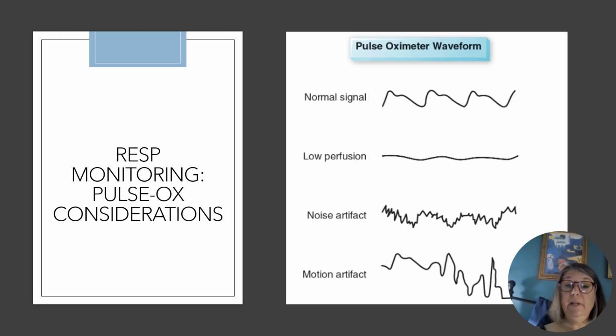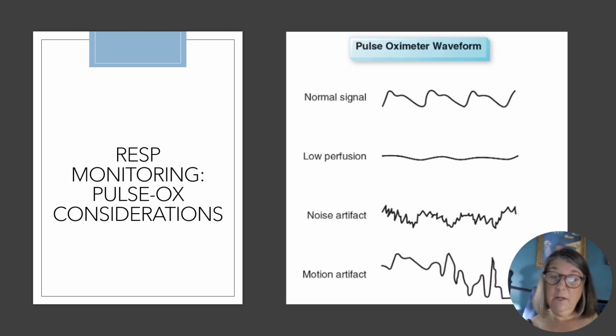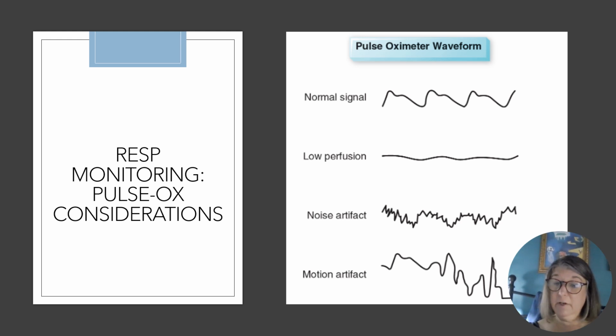So pulse ox readings may be inaccurate if there's poor perfusion in the extremity being monitored. We talked about with our autoimmune stuff, people who have Raynaud's, if they have fake fingernails and nail polish on, you may not get accurate readings because of not being able to read perfusion levels. Okay.